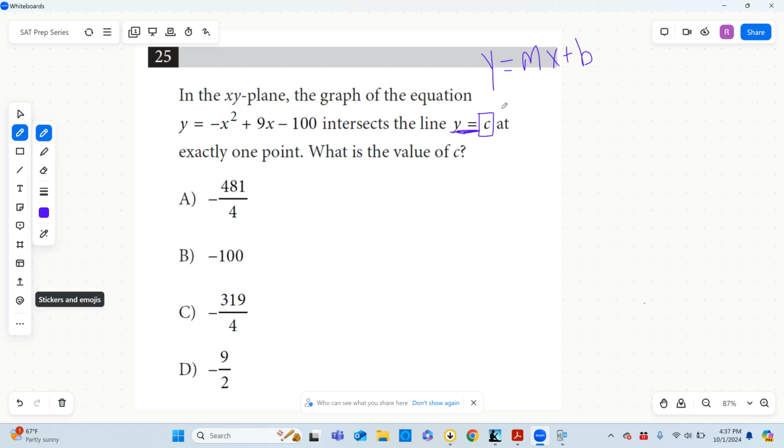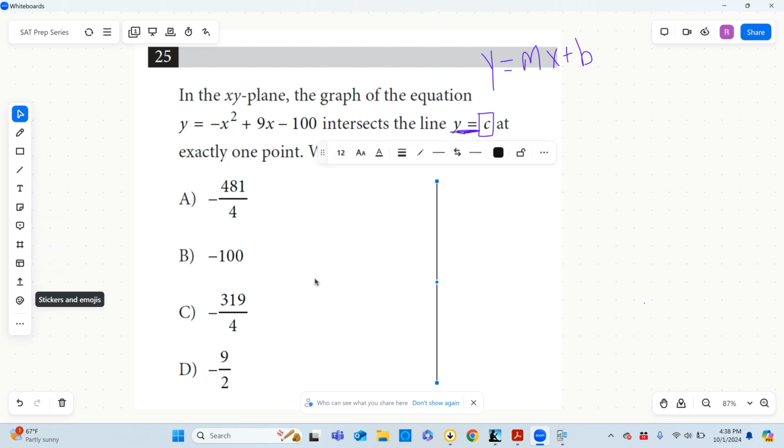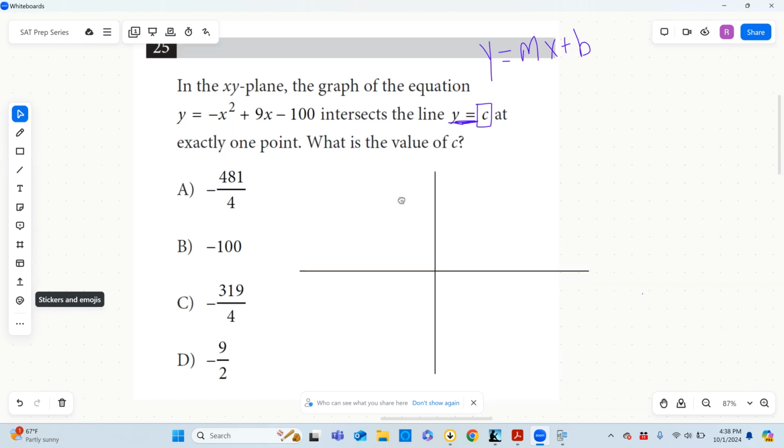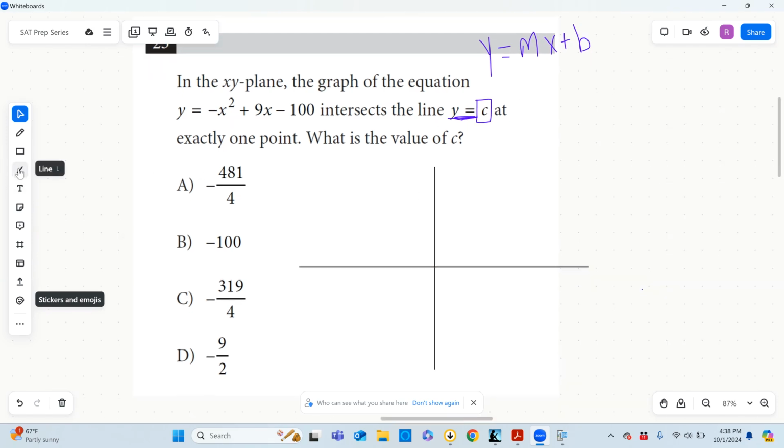They didn't give me some x variable, which tells me that the y coordinate on this line is always going to be the same. And when you have, let's draw in a coordinate plane real quick, a line where the y coordinate does not vary based on x, that is telling you that you have a horizontal line.